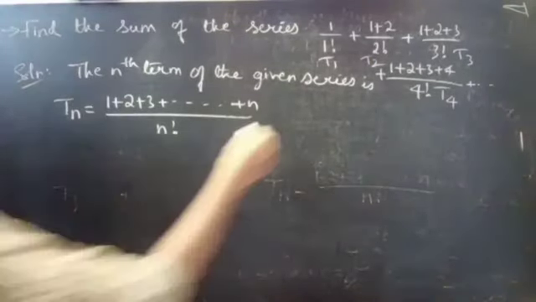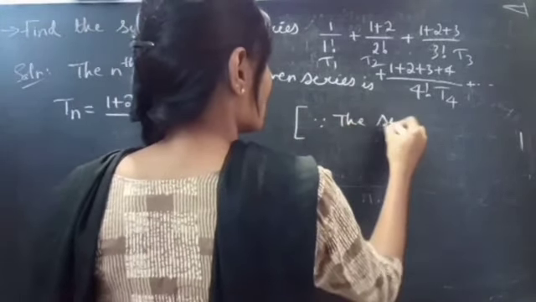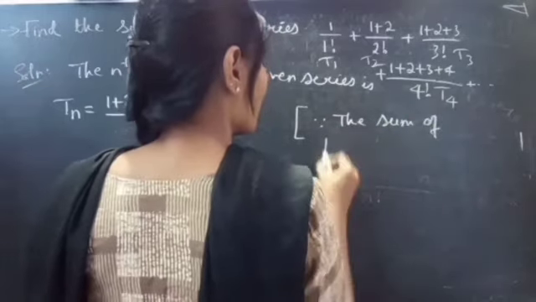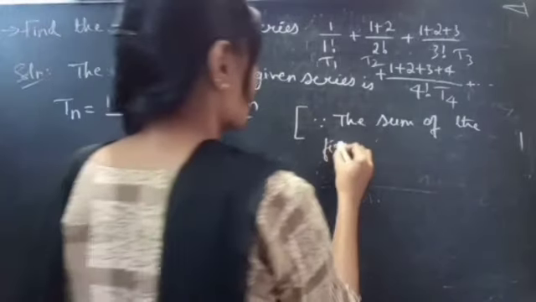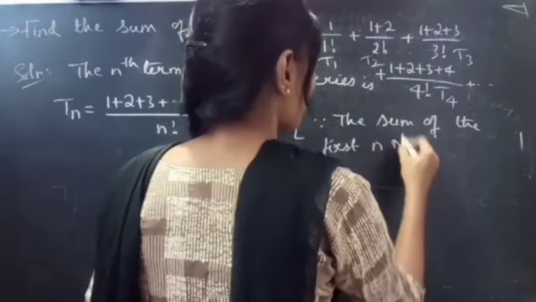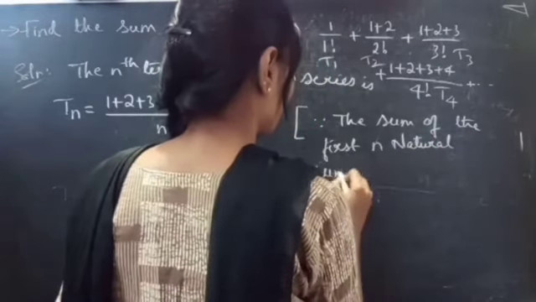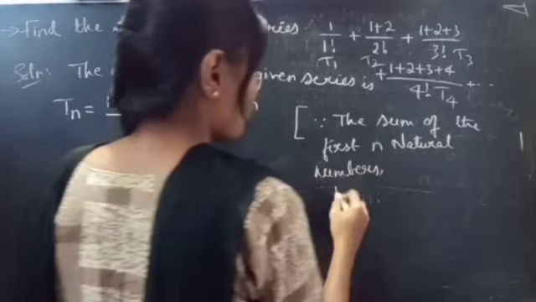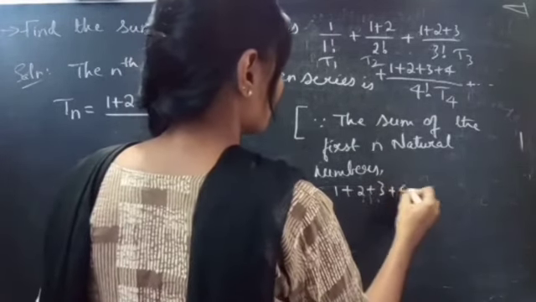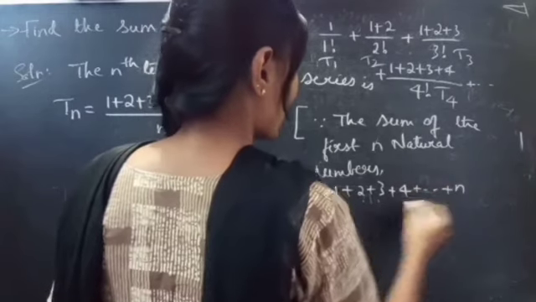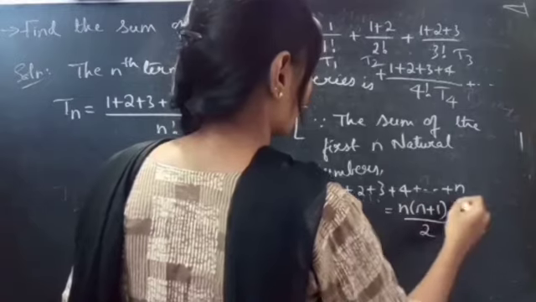We know that the sum of the first n natural numbers, 1 plus 2 plus 3 plus 4 plus so on plus n, equals n into n plus 1 by 2.